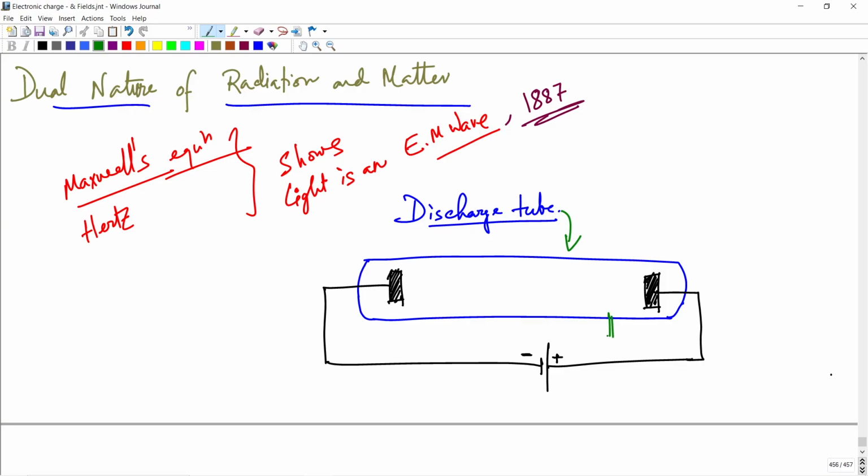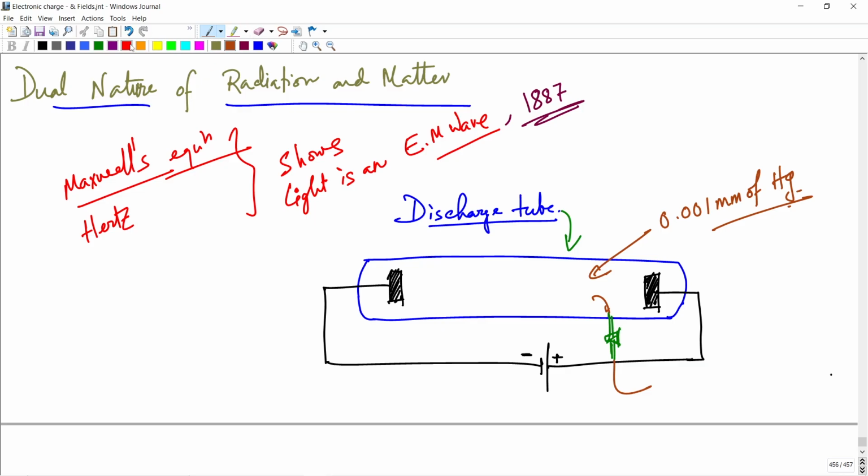There is a pump here. I release the air from inside and maintain the pressure inside the tube at 0.001 millimeter of Hg. Now here we place an electric field.